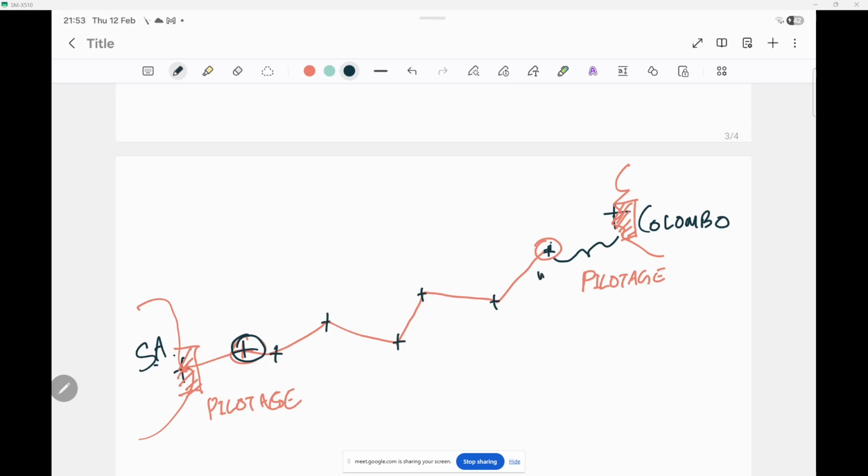Let's say this is waypoint 1, this is 2, this is 3, this is 4, this is 5, this is 6, and this is 7. Can somebody tell me, your course card and your passage plan, from what waypoint to what waypoint you are going to create? Come on, guys, tell me.